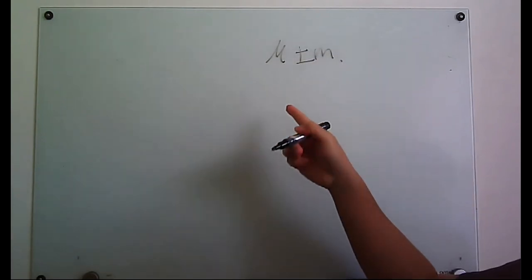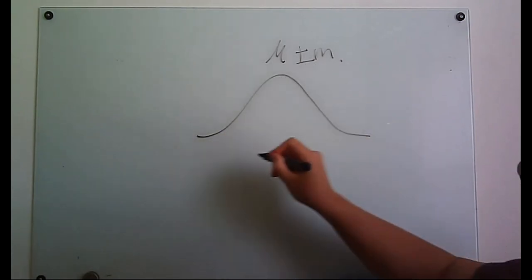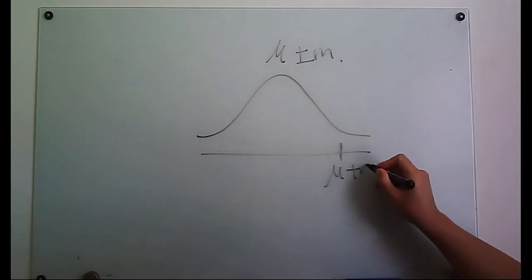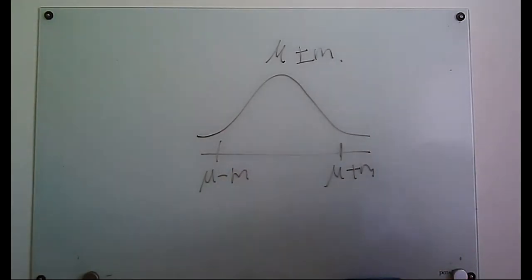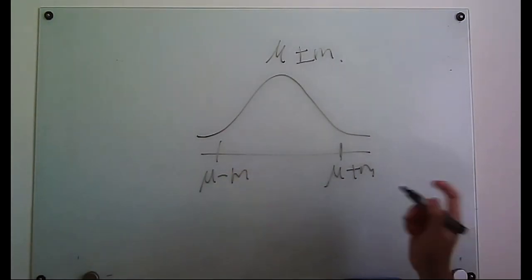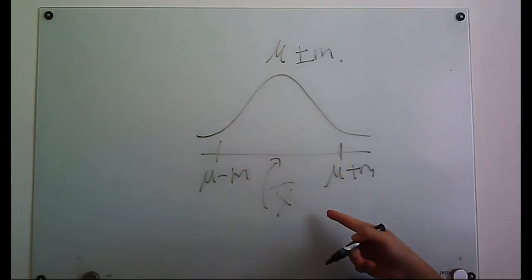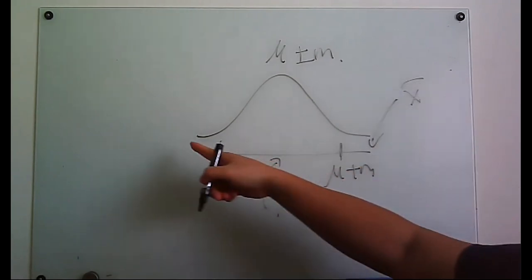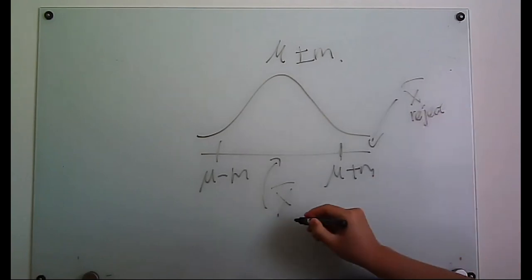This was from the previous chapter. Graphically, this is mu plus m, and this is mu minus m. Visually speaking, if x bar is inside this interval, then we cannot reject. But if x bar is outside of this range, then you reject. So this is reject and not reject.